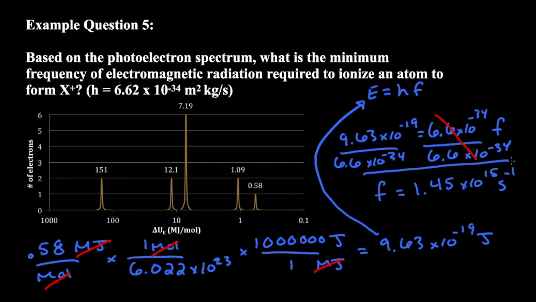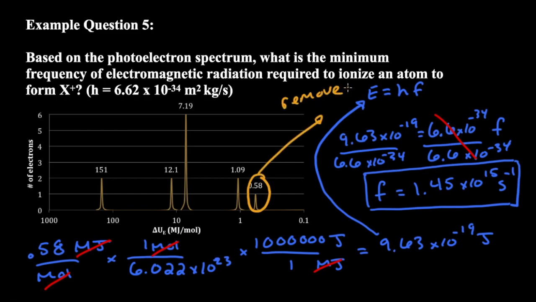So here is the frequency of the energy that we would have to put in to remove one of these electrons, and then we would get this atom with the positive charge. Now let's look at how the number of protons can influence this binding energy.